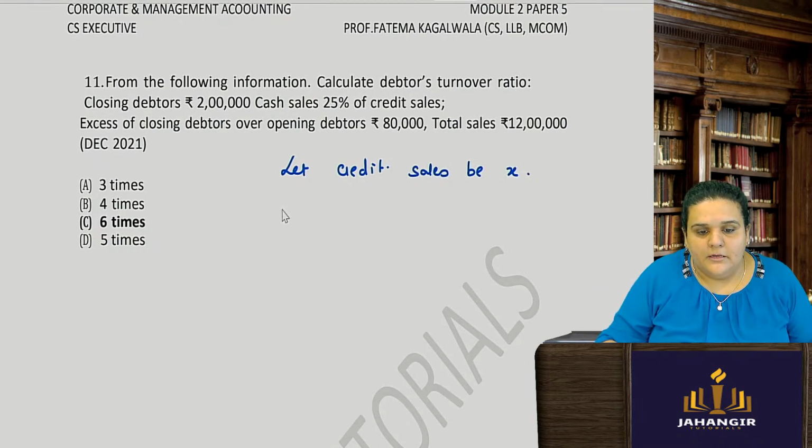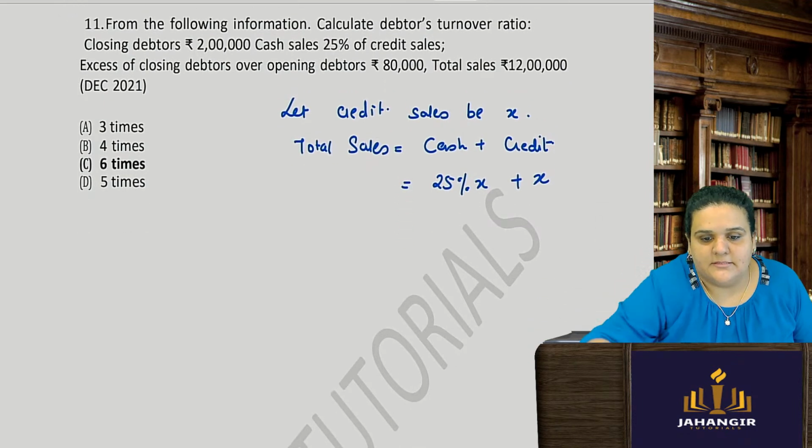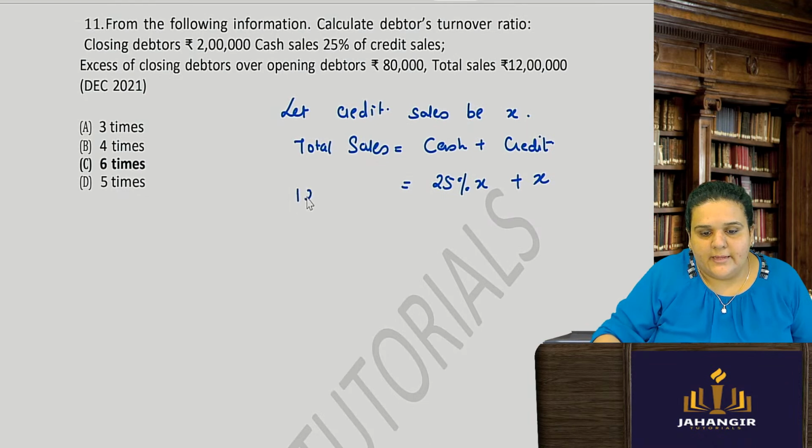Okay, now they are telling me cash sales is 25% of credit sales. So total sales, if I want to do, will be equal to cash sales plus credit sales. Cash sales is 25% of X, no? Because I have assumed credit sales to be X. Total sales is 12 lakhs.